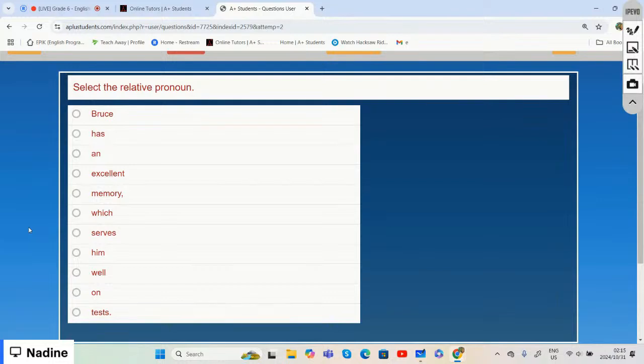It says, Bruce has an excellent memory, which serves him well on tests. We need to select our relative pronoun within that sentence. What is the relative pronoun within that sentence?